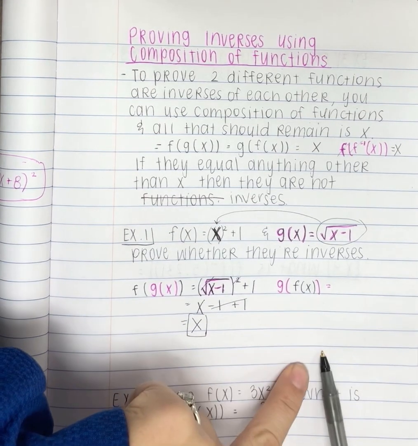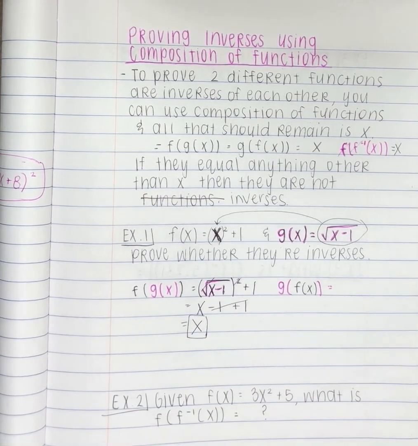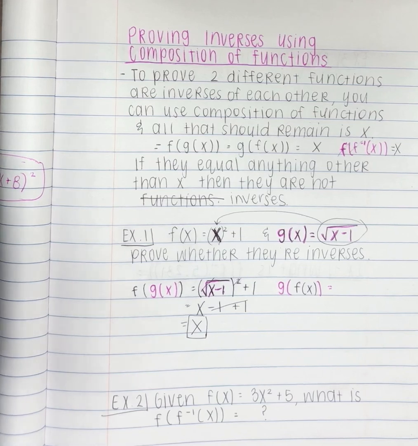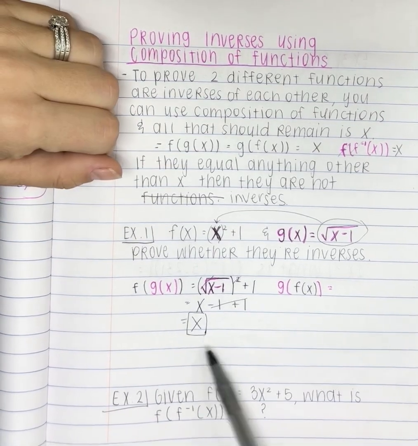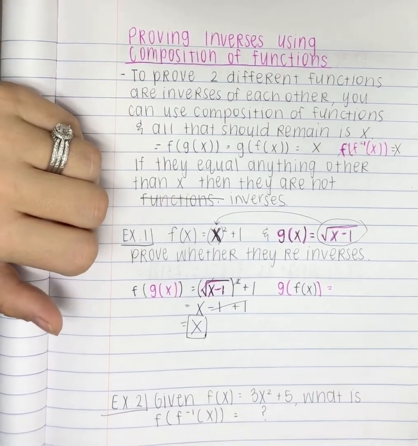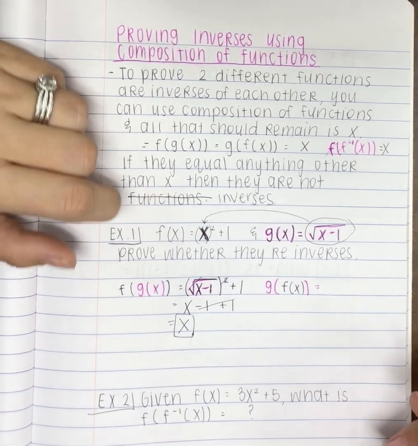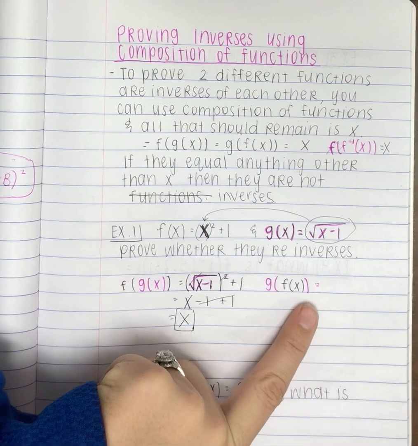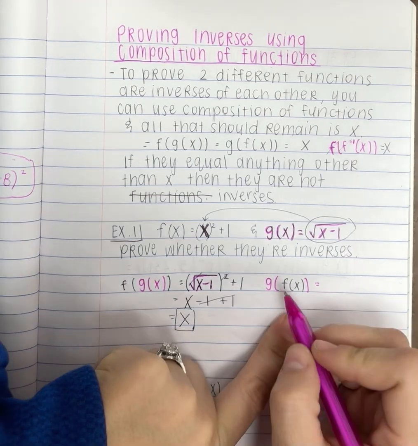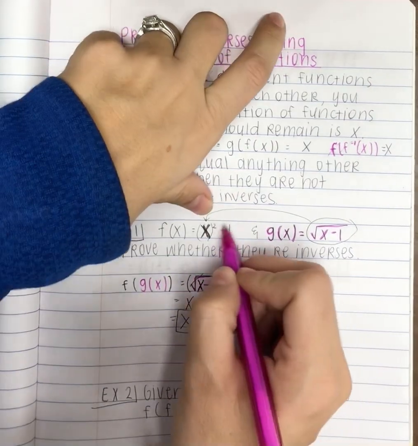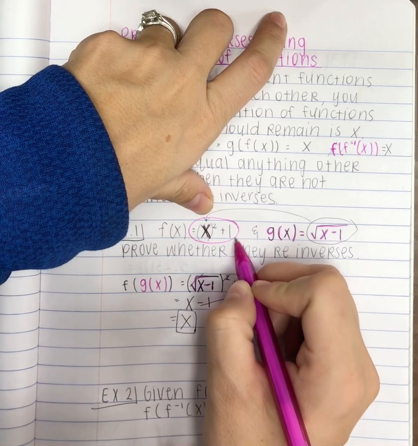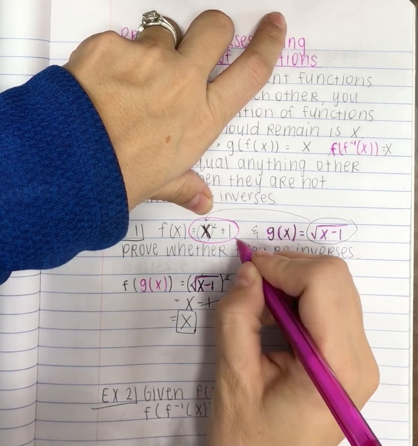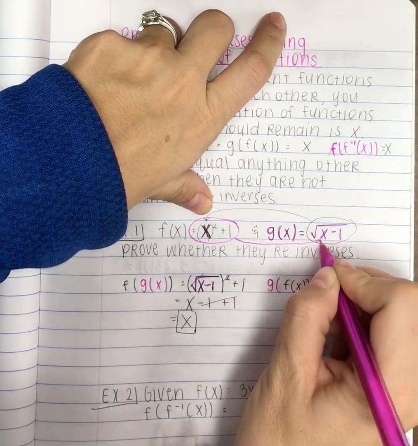You want to check it the other way as well because it needs to work both ways in order to be inverses. Sometimes it could only work for just one and then not the other, so we want to verify, okay? So then what we're going to do over here is the reverse. We're now going to take what my f function is equal to, and plug it in for this x.